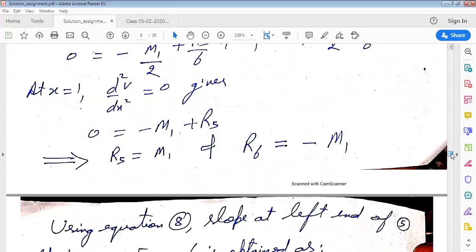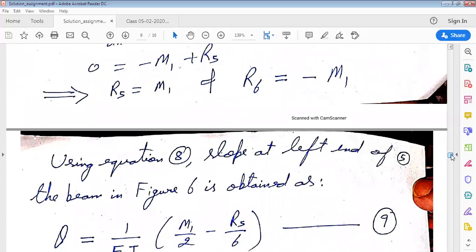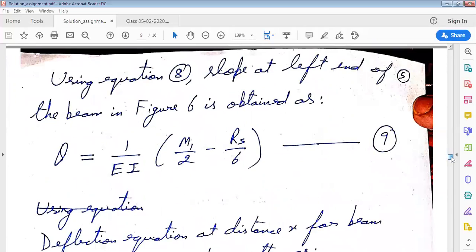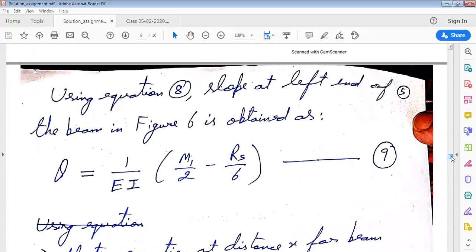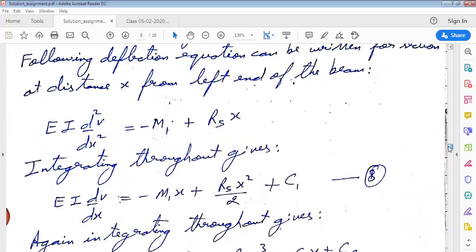Now, using equation 8, the slope at the left end of the beam in figure 6 is obtained as 1 by EI bracket start M1 by 2 minus R5 by 6 bracket close, where equation 8 is this one.